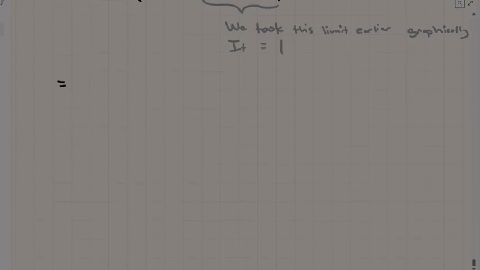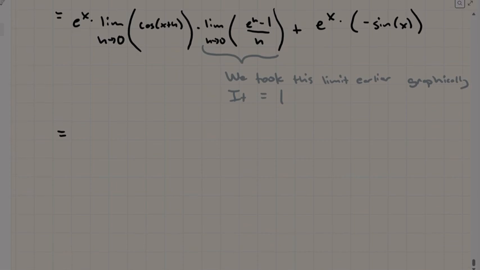We're almost to the end now. We're going to have e to the x times... Now, can we evaluate this cosine x plus h as h goes to 0? Yes. Cosine of x plus 0. And then times, this one is going to be 1. Plus, actually, let's do minus, e to the x times sine of x.